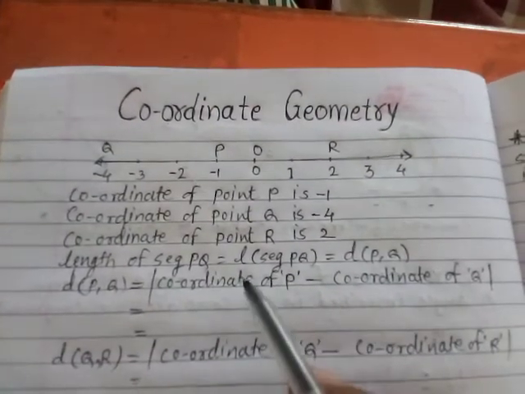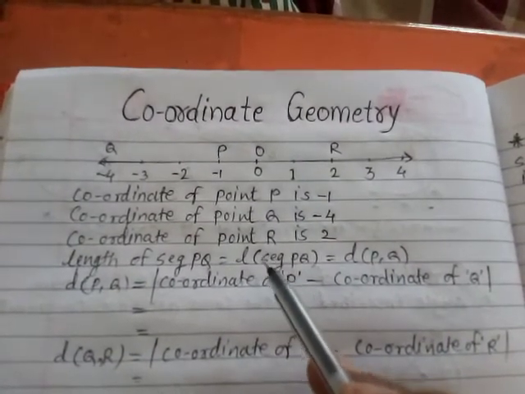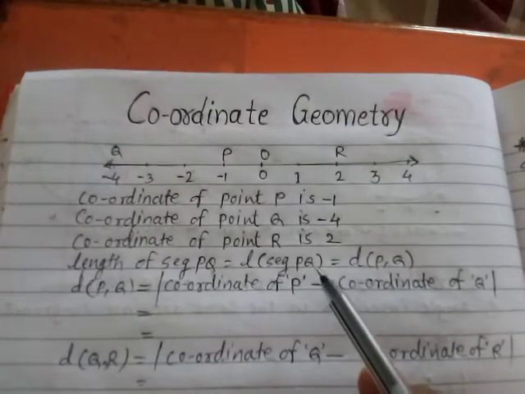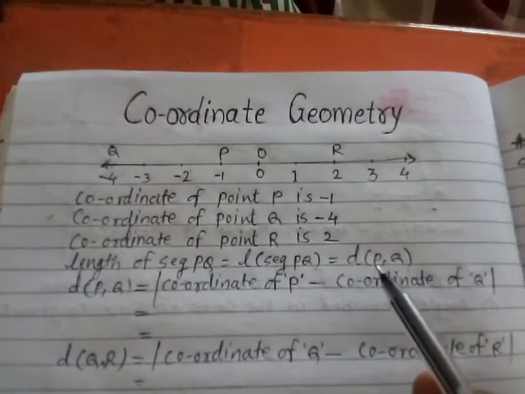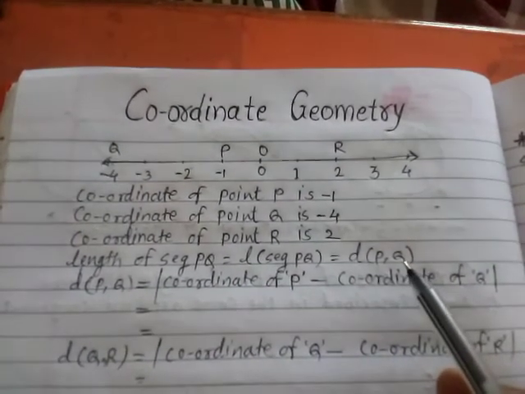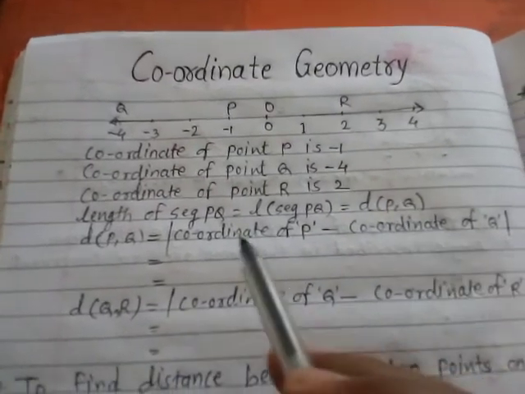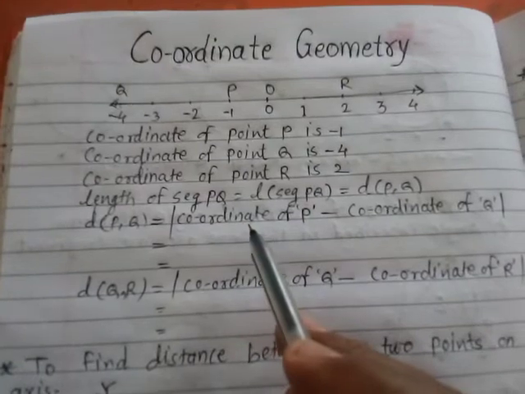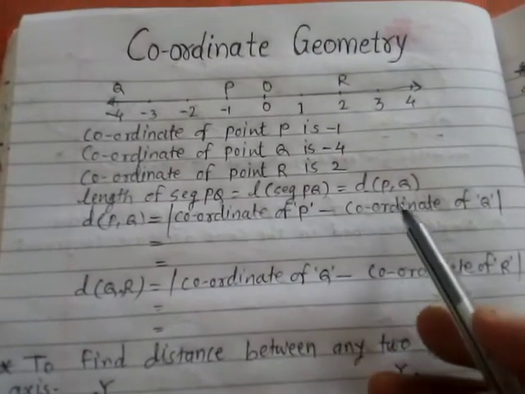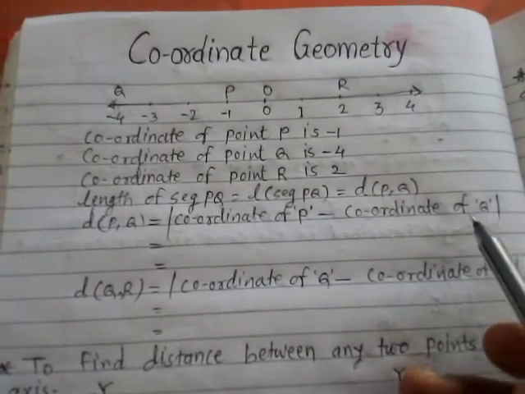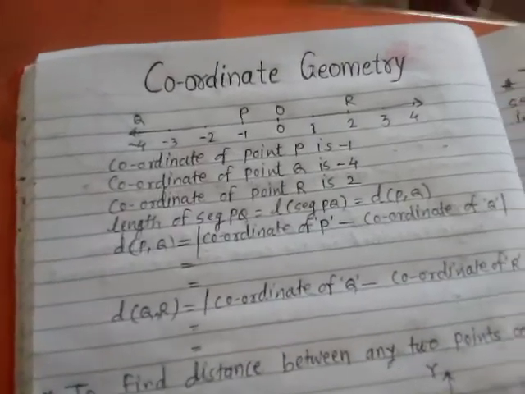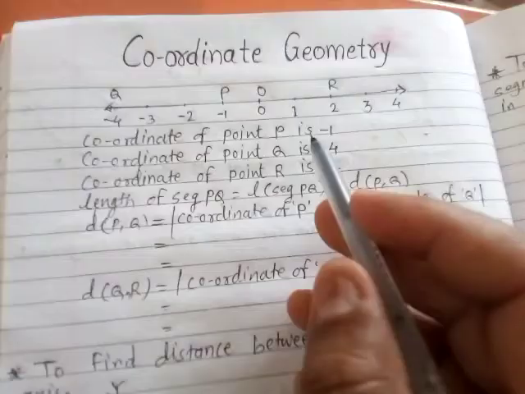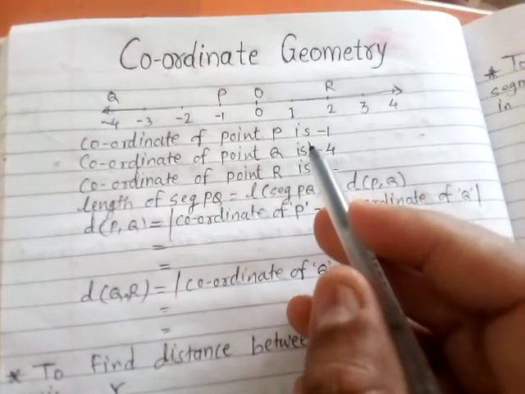The length of segment PQ is written as l(PQ), or distance of PQ. The formula is: distance of PQ is the coordinate of P minus the coordinate of Q. The coordinate of P is -1.